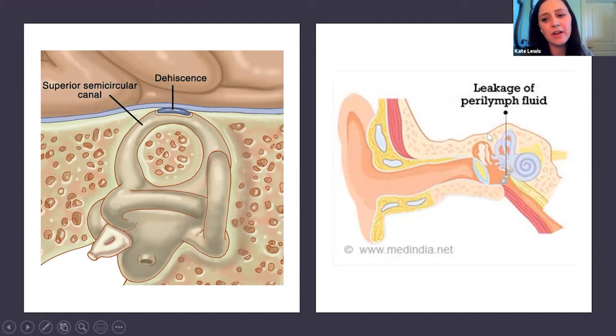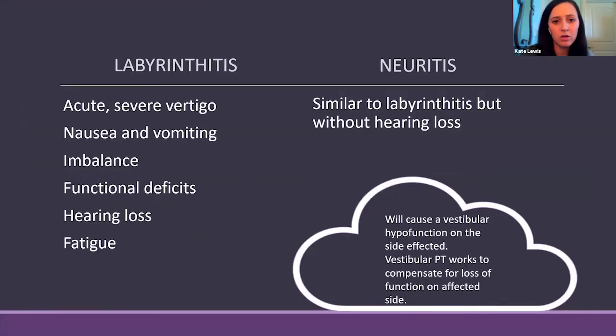On the right is leakage of perilymph fluid into the middle ear from the inner ear. Again, that change in pressure is going to cause one to feel dizzy as well. Okay, so now we've all seen the pictures.